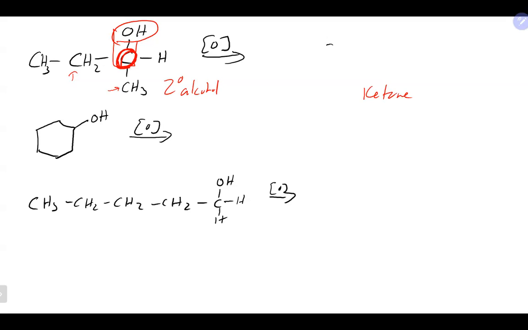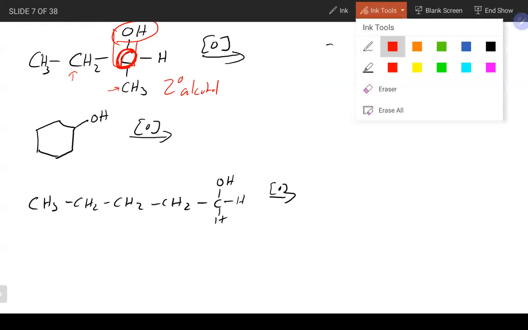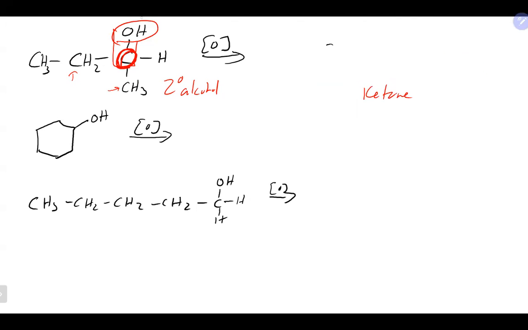So once again, nothing's going to change other than what we talked about, which means because this will go through oxidation, I'm going to take off an H from the O and an H from the carbon that's attached to the O, and everything else remains the same. So I'm just going to copy it. I got CH3, I got CH2, I got a carbon, I got no hydrogen there, but I'll go down, CH3.